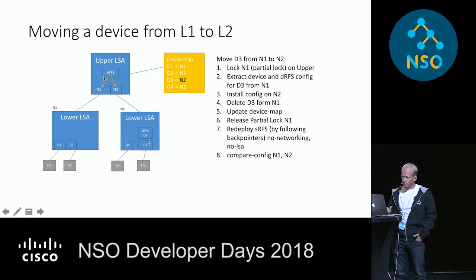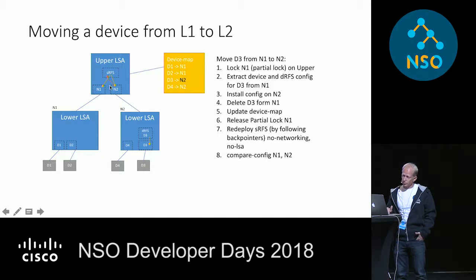Then we, from the upper layer, extract the device configuration and RFS configuration for that device we want to move, say D3, on lower LSA node N1. We install it through another action on lower LSA node 2. We update the device map saying that D3 now lives on N2.